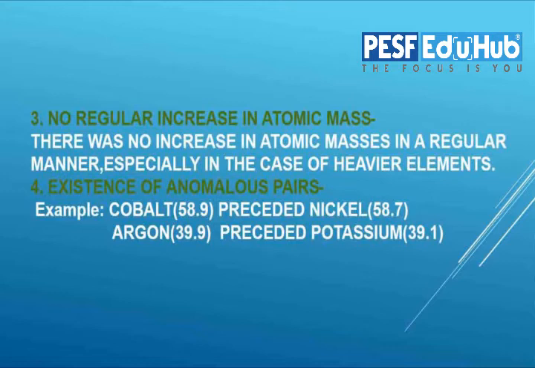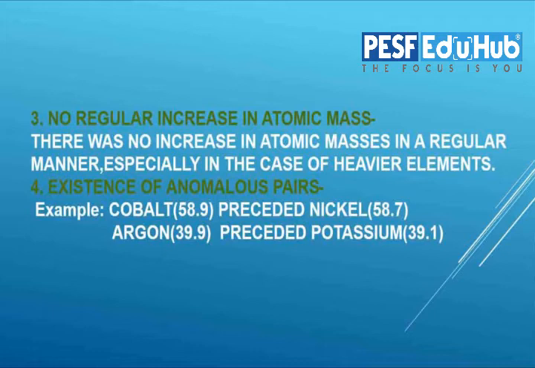The fourth limitation was the existence of anomalous pairs. According to Mendeleev, he arranged the elements in increasing order of atomic mass and also according to the similarity in chemical properties. So, in some cases, he had to deviate from his order.